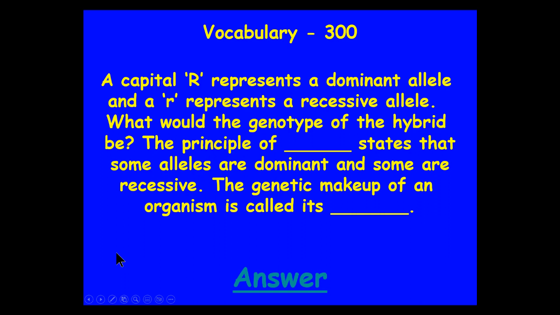A capital R represents a dominant allele, and the lowercase r represents a recessive one. What would be the genotype of the hybrid? The principle of blank states that some alleles are dominant and some alleles are recessive. The genetic makeup of an organism is called its what?